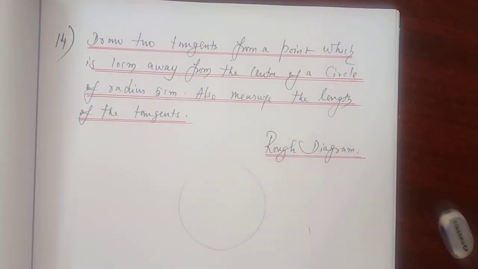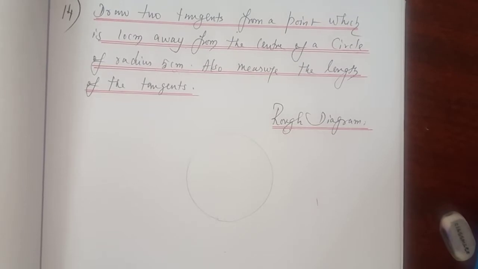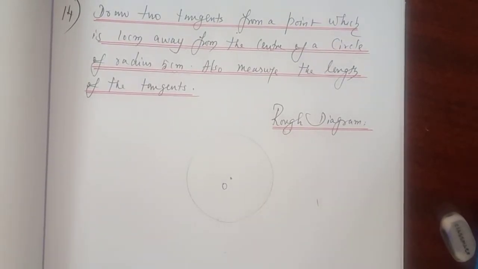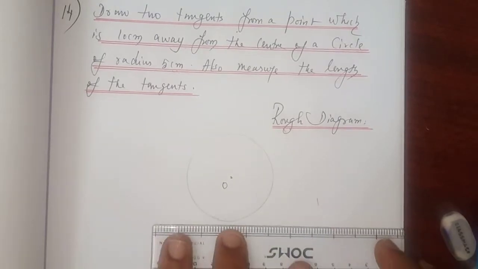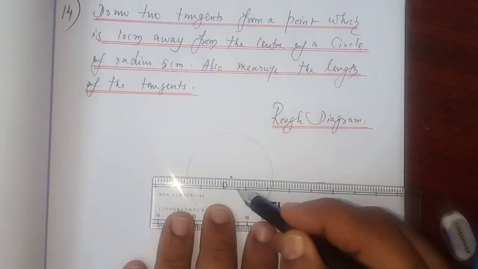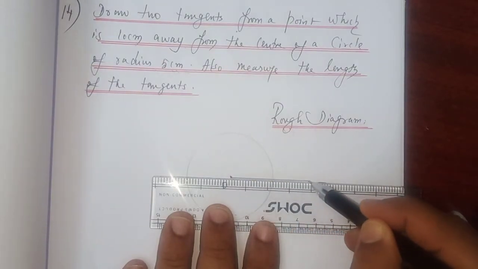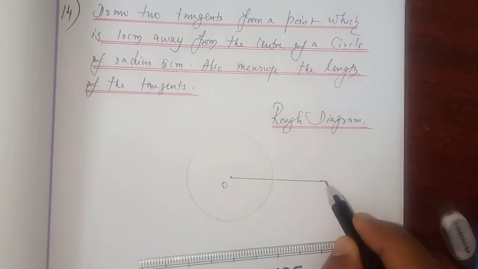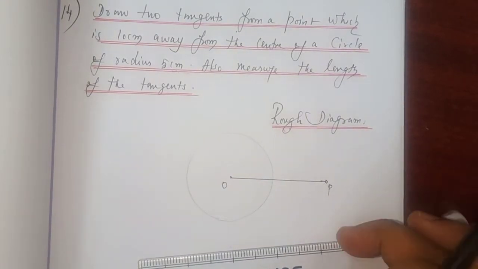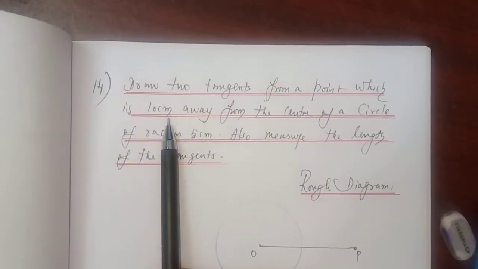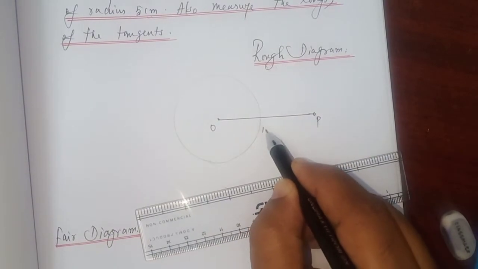Then mark the center of the circle as O. Draw a line segment OP from O. Let it be P. That is 10 cm away from the center of the circle given. So here you just write 10 cm.